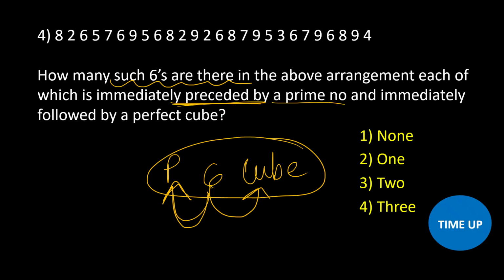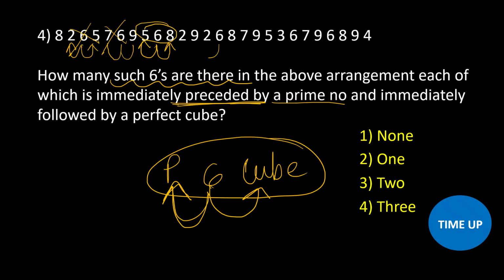So you target on 6. This 6 is followed by a prime number, but it is not followed by a perfect cube, so this is not it. This one is preceded by a prime number and followed by a perfect cube, so this is one you got.